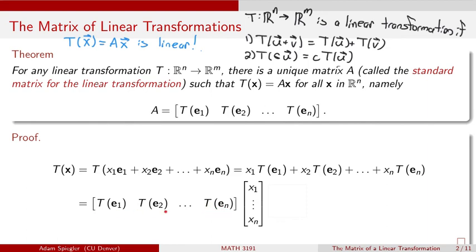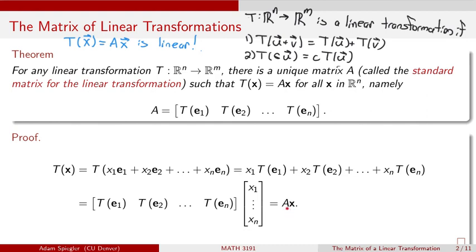And then we multiply this matrix by the vector x1 up to xn. Keep in mind that this matrix that we have over here has n different columns. Each of these columns has a total of m entries, right? Because we're mapping into Rm.